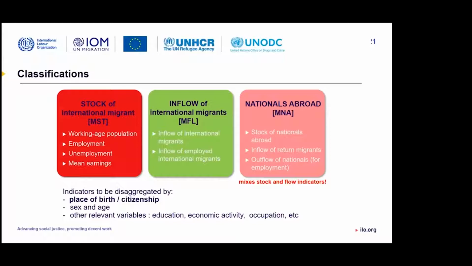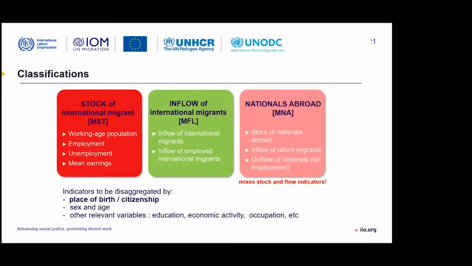And for these groups, we look at the usual labor market indicators. So for example, the working age population, their employment status, whether or not they're unemployed, and their earnings. So we're disaggregating these indicators by migrant status, for example.